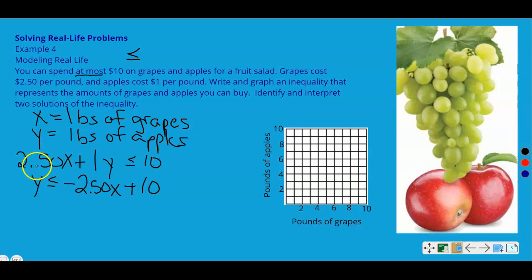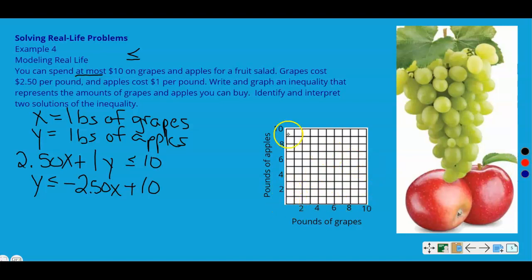All we did was subtract this $2.50 times X to the other side of the inequality. So now we have Y less than or equal to mx plus b. That gives us our slope and our y-intercept, so it makes it easy to graph. So if b is our y-intercept, that means 10 is our y-intercept.